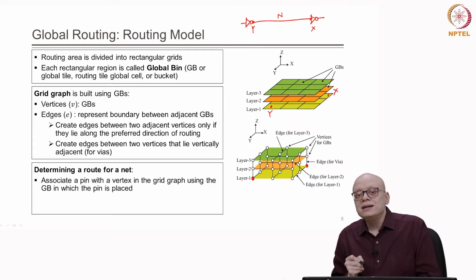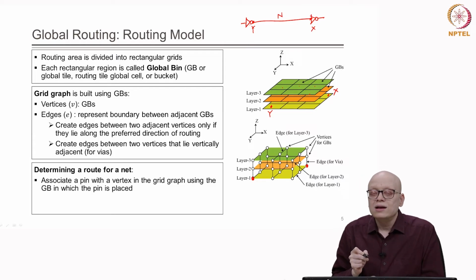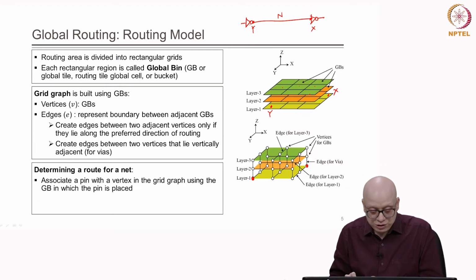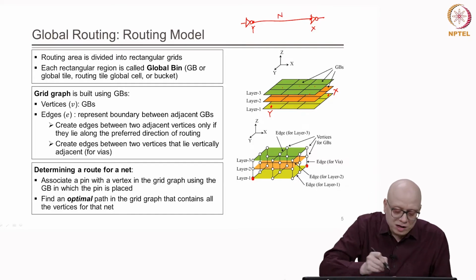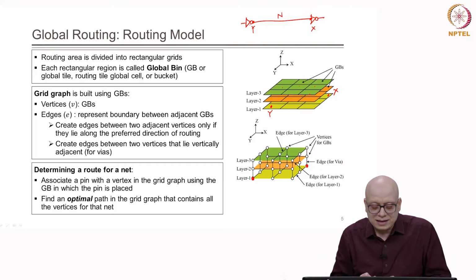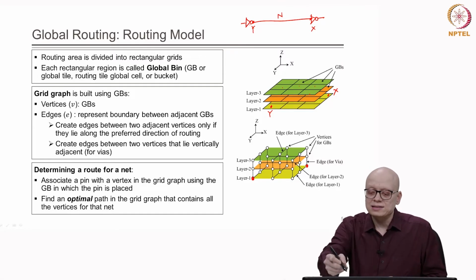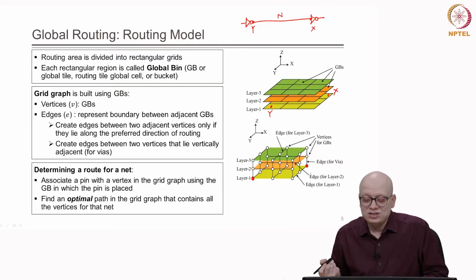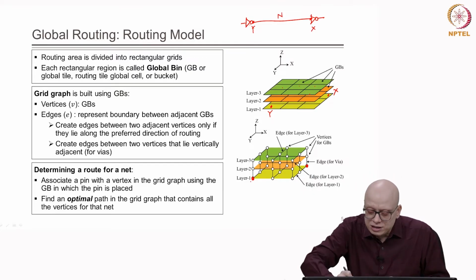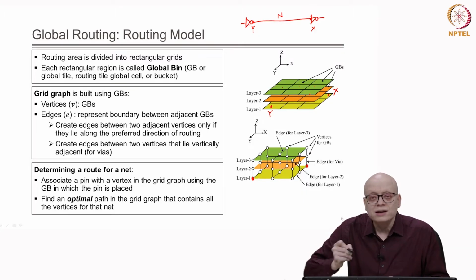Now, to create the layout of the wire net N, we find an optimal path in the grid graph that contains all the vertices of that net. In this case there are only two vertices because there are only two pins. So we have to create a path between this vertex and this vertex, which are shown in red.